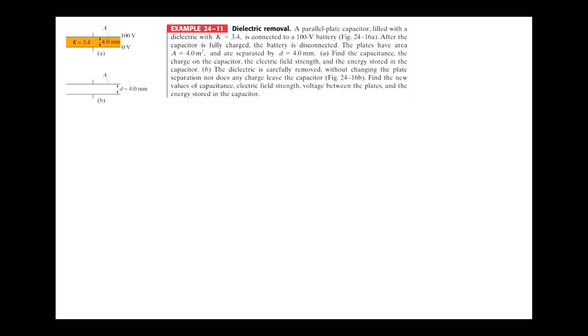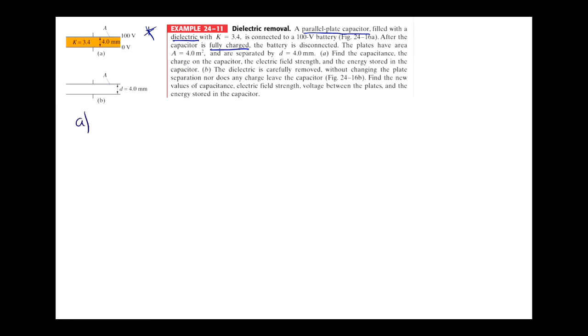We're going to start with a parallel plate capacitor that is charged. So you can see it's filled with a dielectric and fully charged. So we're starting in state A. Then we're going to remove the dielectric and see how all the quantities change. Okay? You can see the list here. Find the capacitance, the charge, the electric field strength, and the energy stored in the capacitor in both of those states.